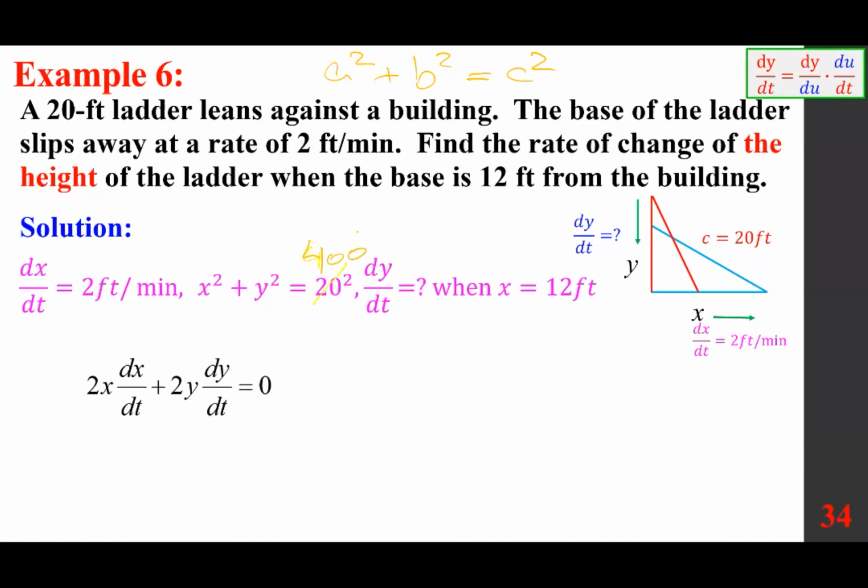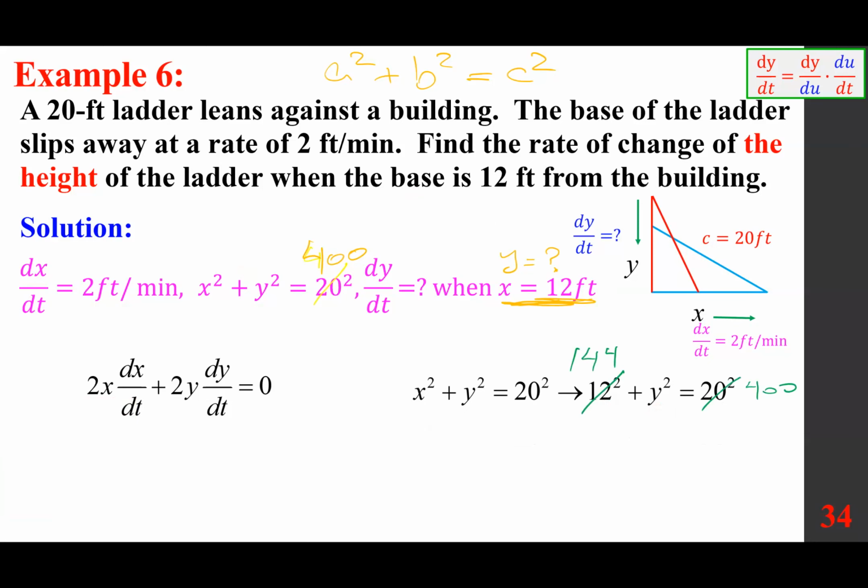Now, we have everything we can plug in, except when x is 12, we don't know what y is, so we plug it into the Pythagorean theorem. x squared plus y squared equals 20 squared. X is 12. Find y: this is 400, this is 144. Subtract, take the root, and y becomes 16 feet.